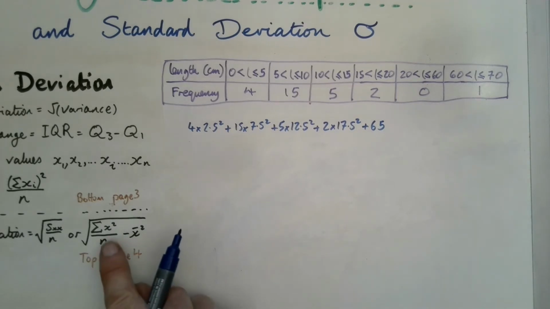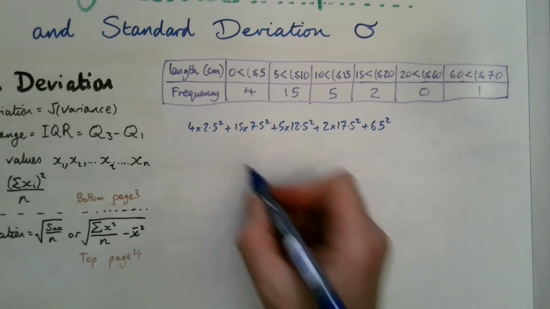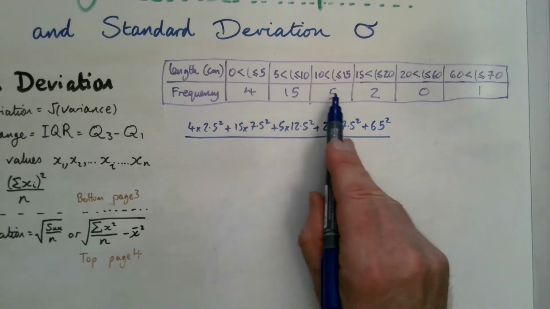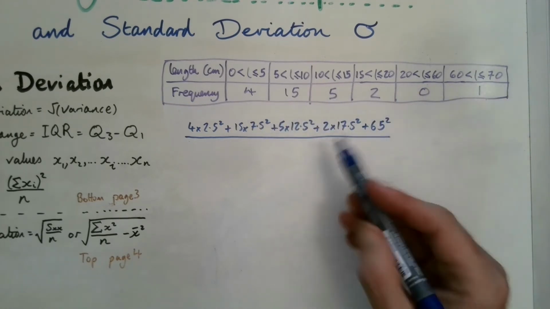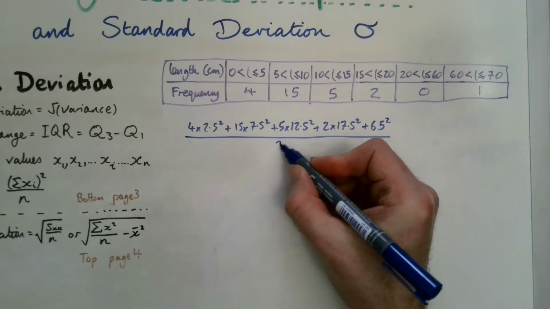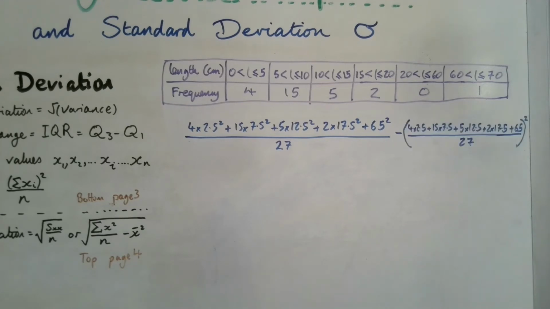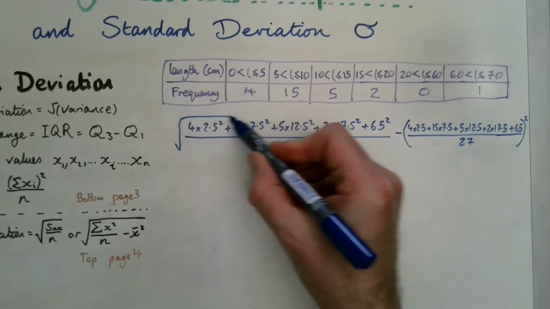That 65 squared, all divided by how many we've got, so that's 19, 24, 26, 27 lengths have been taken. And then from that we're going to have to take the mean squared. The mean is just going to be all of these without the squares, which should look like that. Once we've taken that away, we will then just need to do the square root of all that.